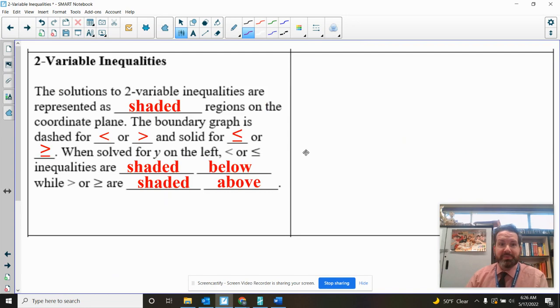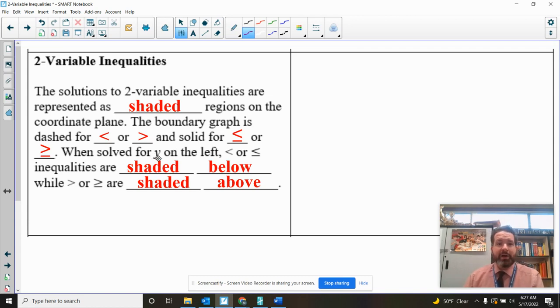Let's turn this into some toolkit stuff. So what have we seen? The solutions to two variable inequalities are represented as shaded regions. That's the highlighting, the coloring in, or the hatching that you can do. The boundary on the graph is a dashed line if you have a less than or a greater than, but it's a solid line for a less than or equal to or a greater than or equal to.